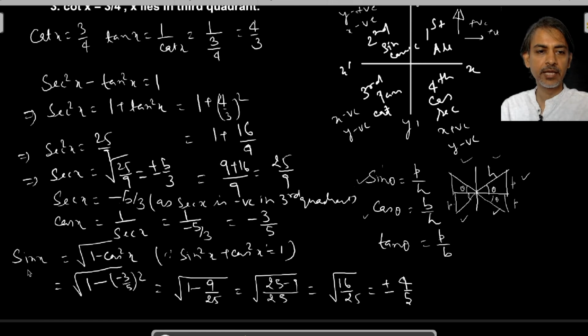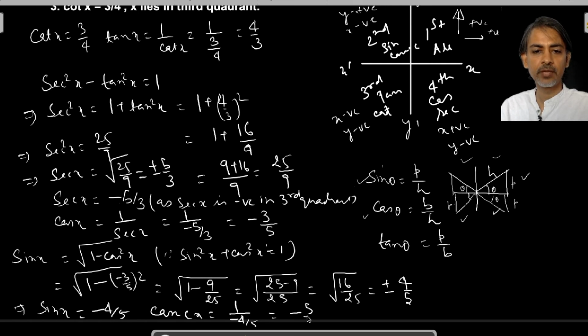Again, sin x would be negative in this quadrant. So you will take sin x equals minus 4 by 5. Given this, you can get cosec x equals 1 upon minus 4 by 5, because cosec x is nothing but 1 upon sin x. This will give you minus 5 by 4.